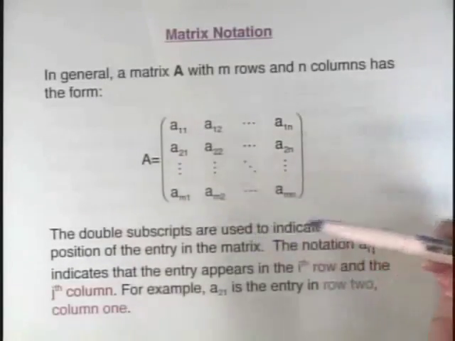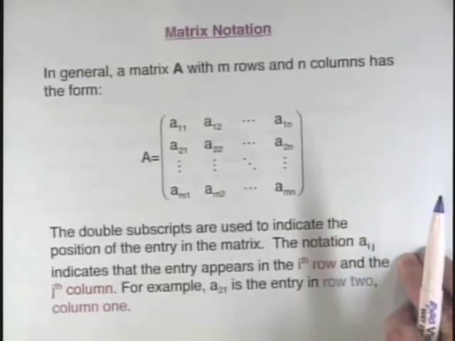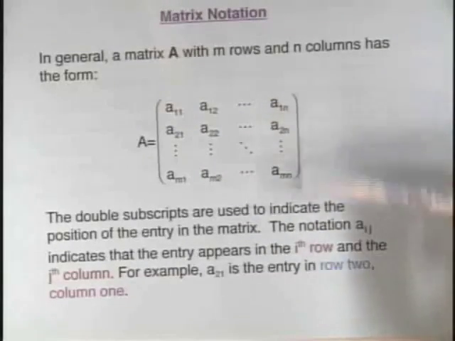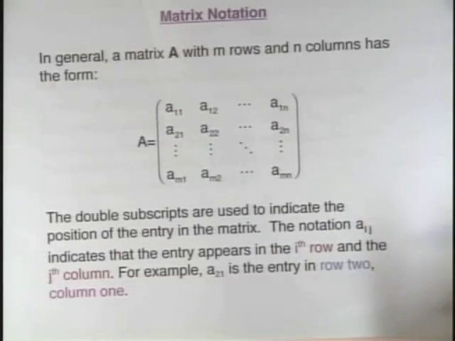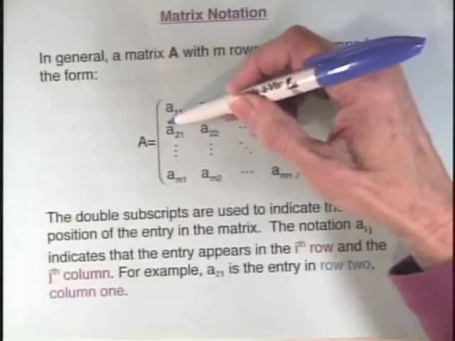The double subscripts are used to indicate the position of the entry in the matrix. The notation A sub ij indicates that the entry appears in the ith row and the jth column. For example, A21 is the entry in row 2, column 1.